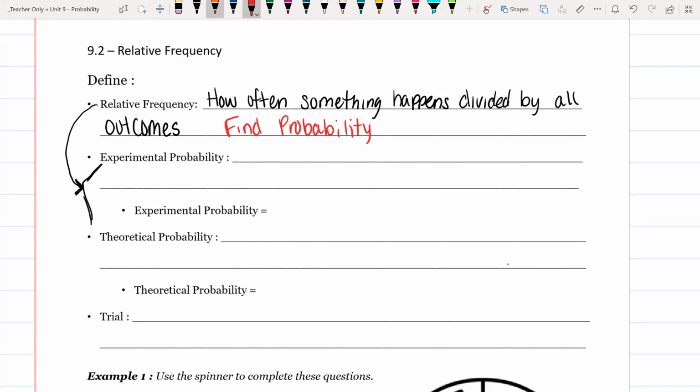So let's talk about experimental probability. Experimental probability is what it sounds like. It's the probability determined by the results of an experiment.